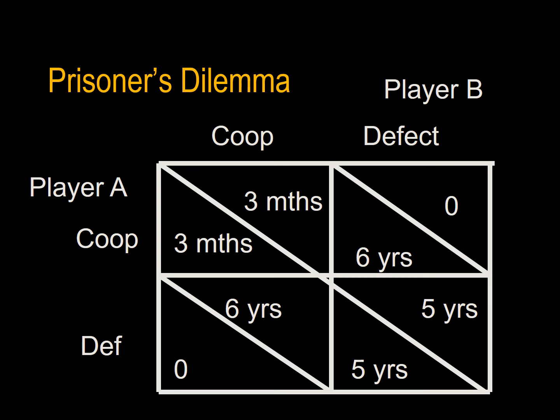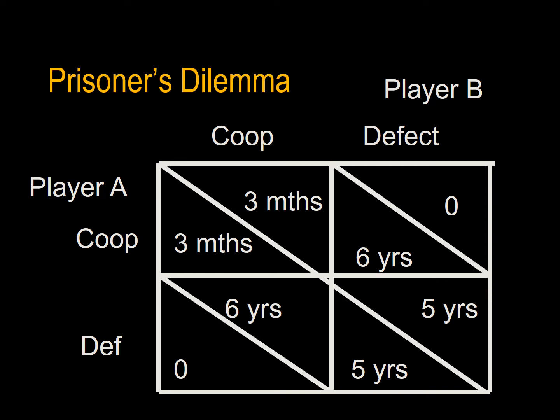Now here we have a strategic form prisoner's dilemma game. This is an example of a cooperation game and is intended to demonstrate just how difficult cooperation can be. In this form, we have a strategic form representation of the game.